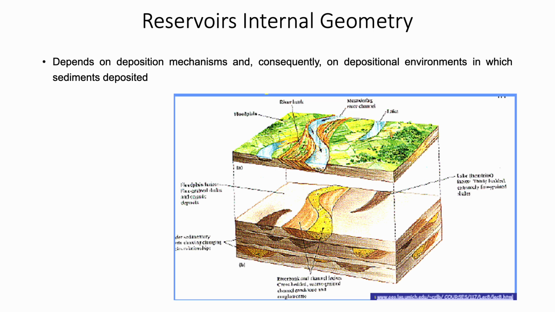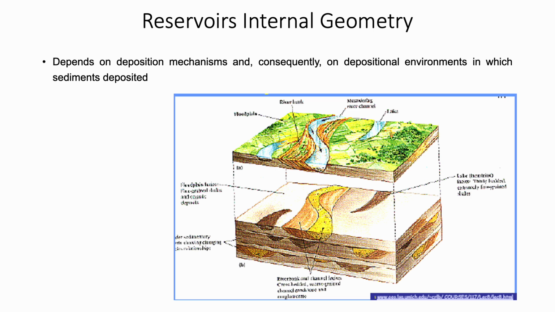Surrounding floodplains consist of fine-grained silts and clays, while lakes accumulate thinly bedded shales that can later act as seals. Below the surface, riverbank and channel faces hold cross-bedded, coarse-grained sands and conglomerates, highly porous and excellent for trapping hydrocarbons.